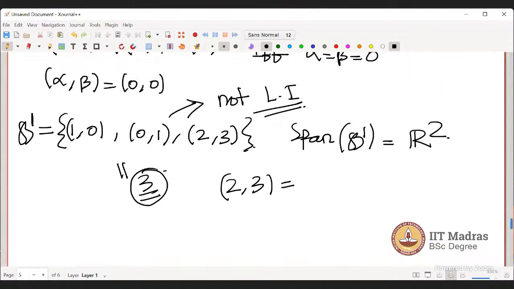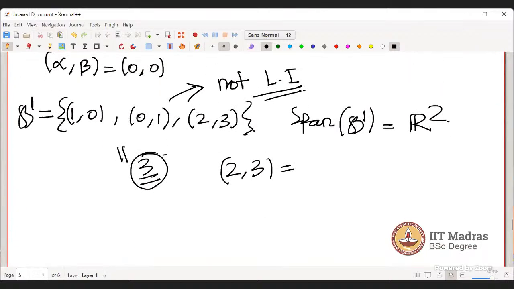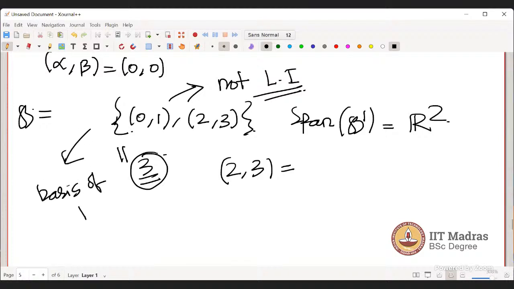Yeah, true. If you remove this point, this is also a basis of R2, right? Yes, sir. So you basically have infinitely many bases for Rn, but the dimension will be unique.